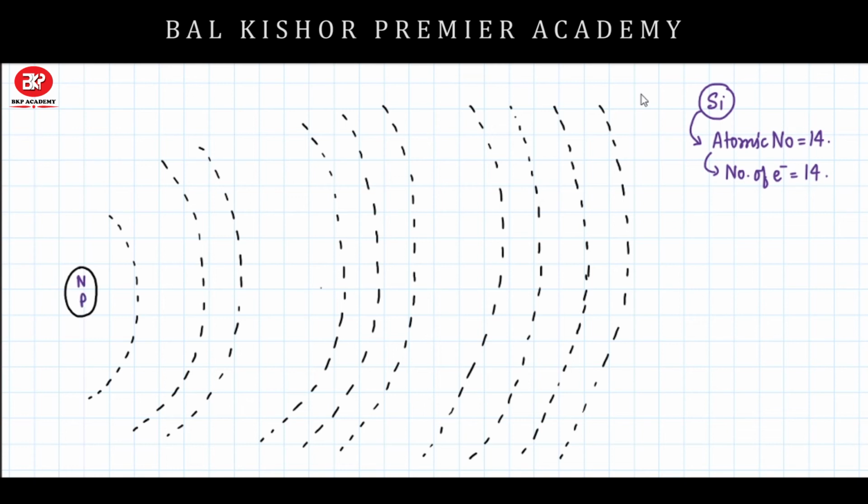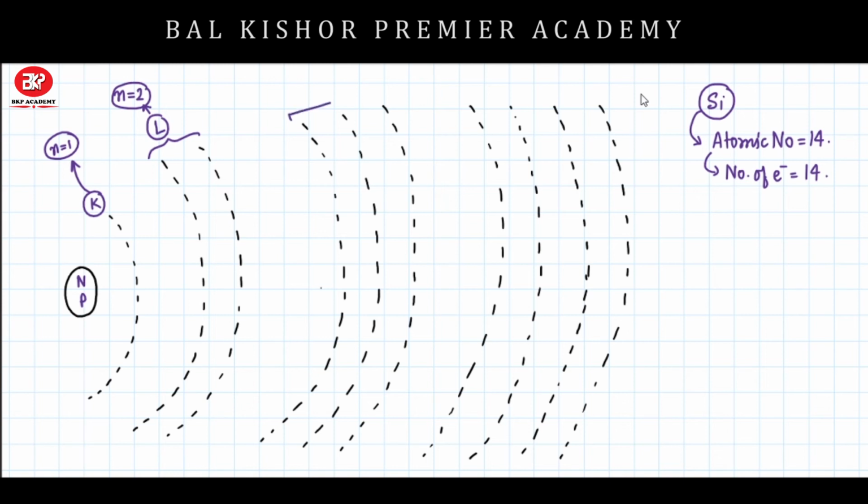This is the first energy level, the K energy level, denoted by n equals 1. This is the L energy level, where n equals 2.